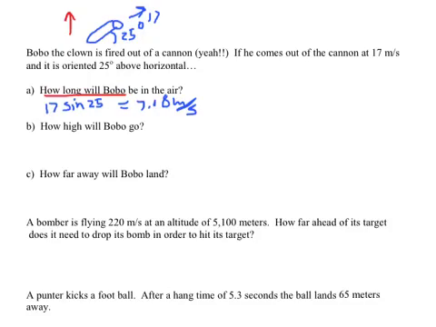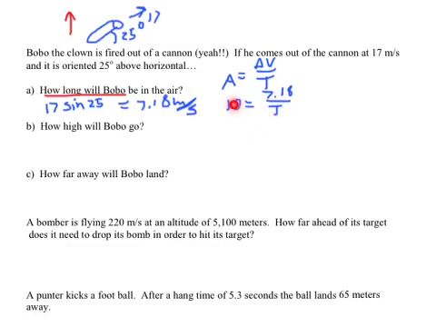So now I have a vertical velocity, and I know that acceleration equals the change in velocity over time. I know he's accelerating at 10 meters per second squared. I now know his vertical velocity is 7.18 meters per second, and I want to know the time.